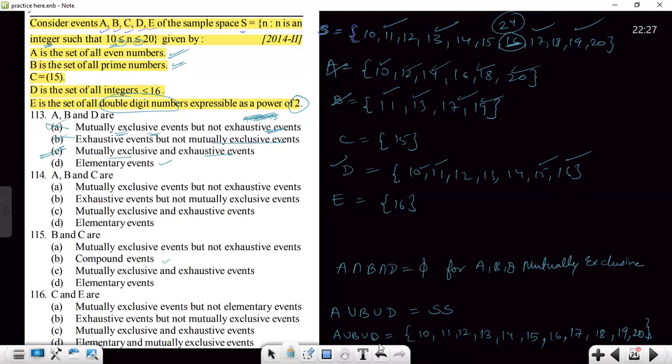A union B union D? The sample space is this. Is the sample space equal to A union B union D?